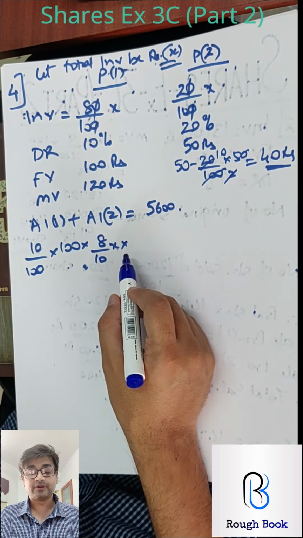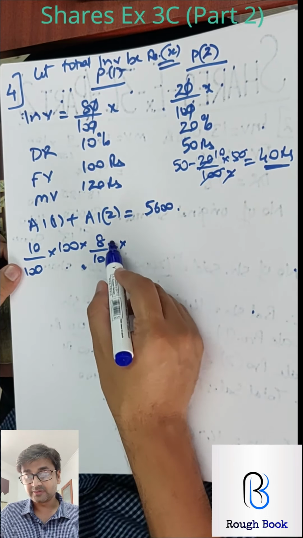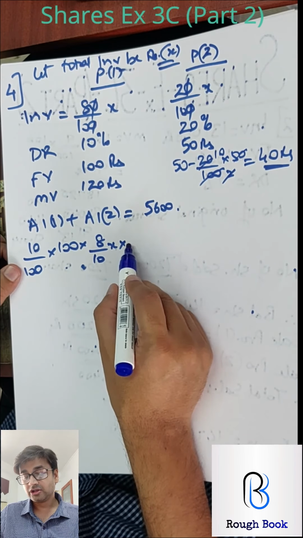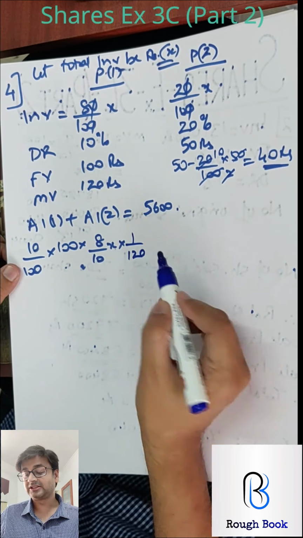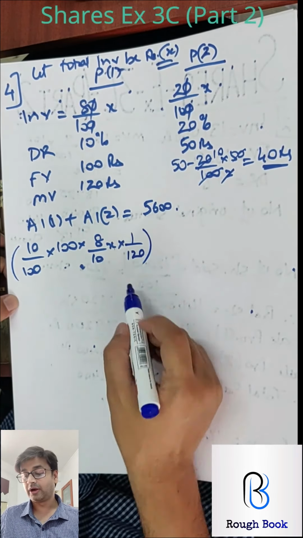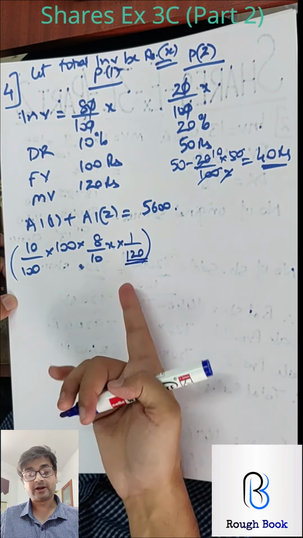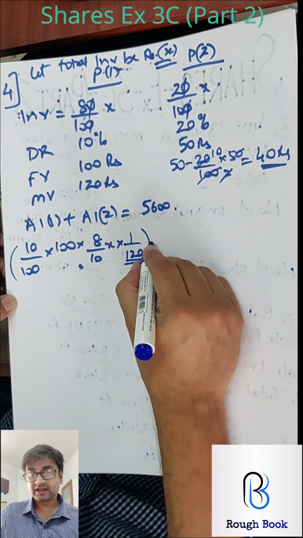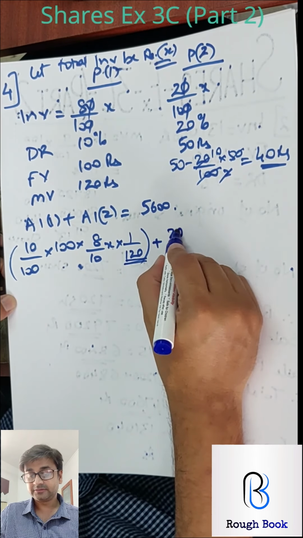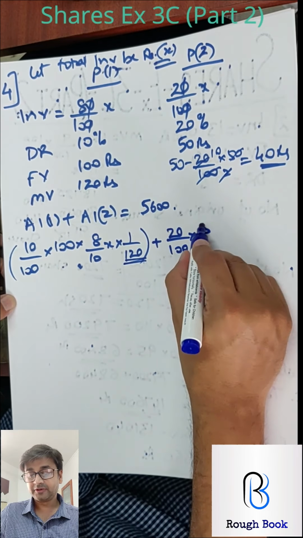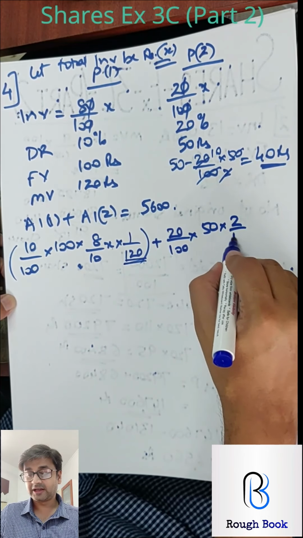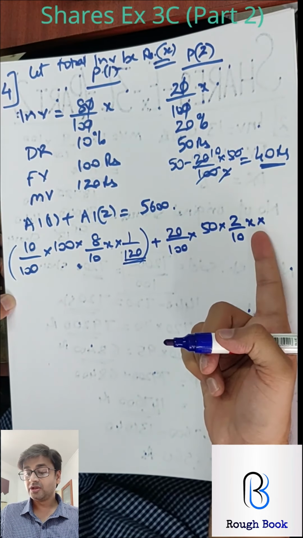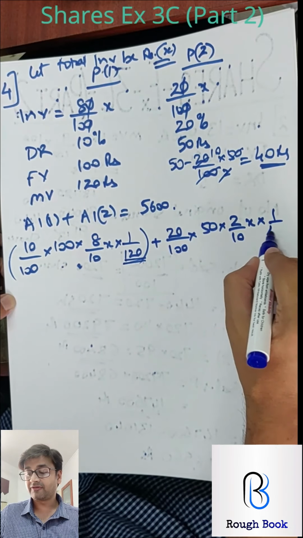Here is where people go wrong. This is basically investment divided by market value. So when I multiply, it has to be the reciprocal of that. That becomes 1 by 120. Do you understand this part? Second income is 20%, 50 rupees, investment 2 by 10x. Again multiply, so the market value will be 1 by 40.